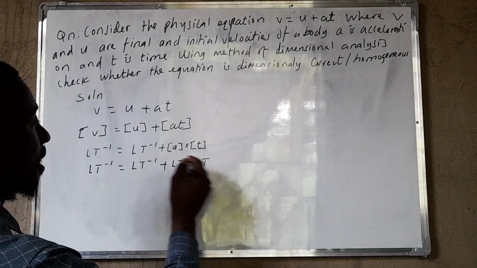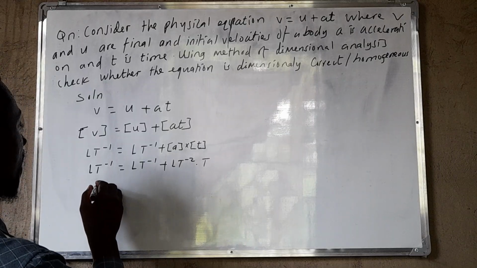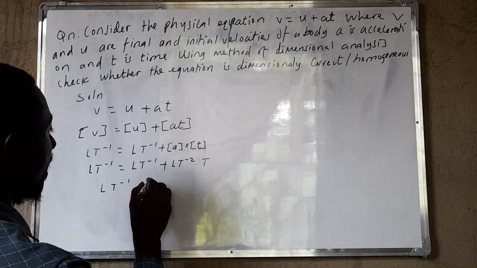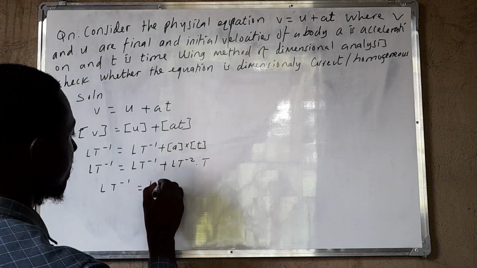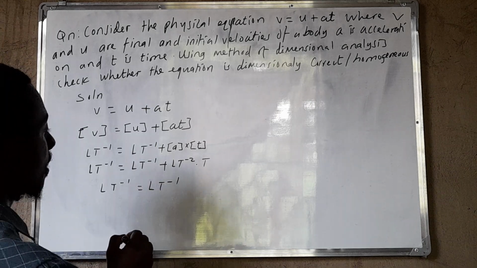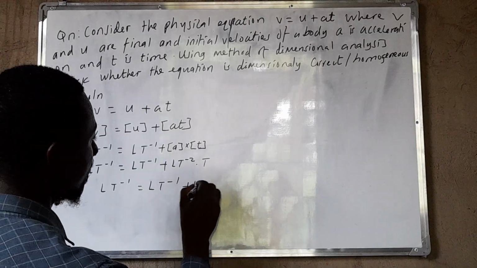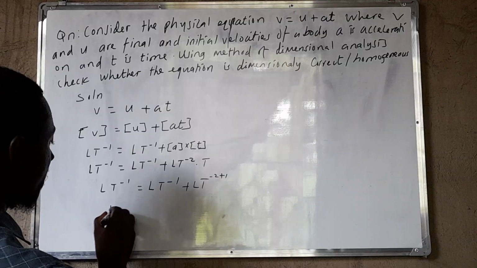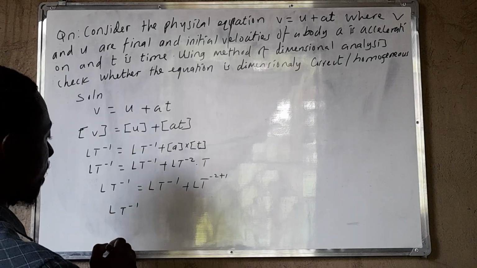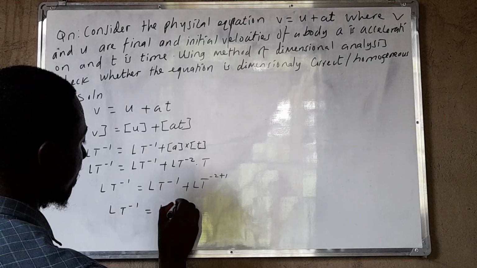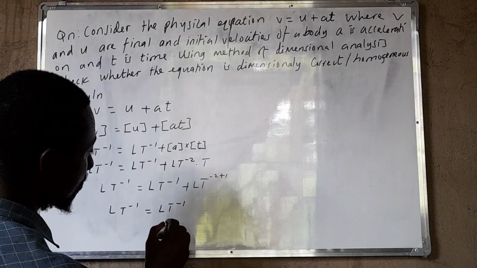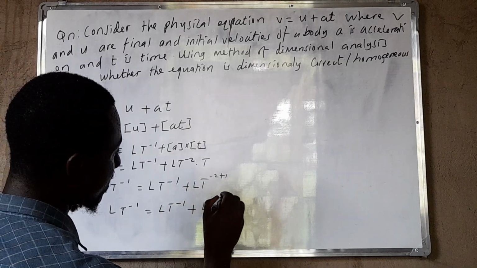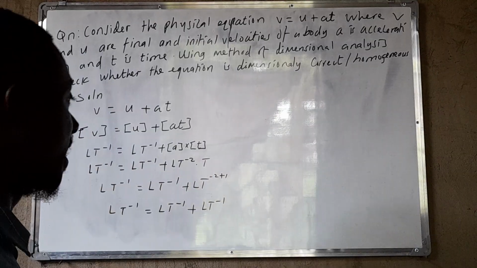So LT^-1 = LT^-1 + the dimension of acceleration, which is LT^-2, times the dimension of time, which is T. So we are going to have LT^-1 = LT^-1 + LT^-2+1, and finally LT^-1 = LT^-1 + LT^-1.